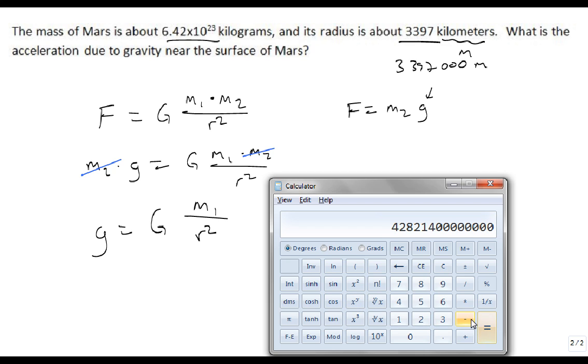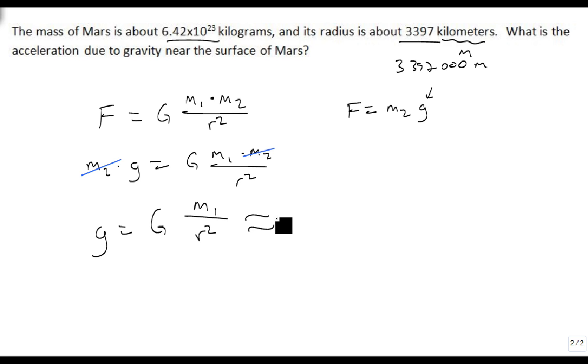And we're going to divide all of that by 3,397,000. Remember, we had to convert it to meters. But we're going to square that number. When we hit equals, we get 3.7108, or approximately 3.7 meters per second squared.